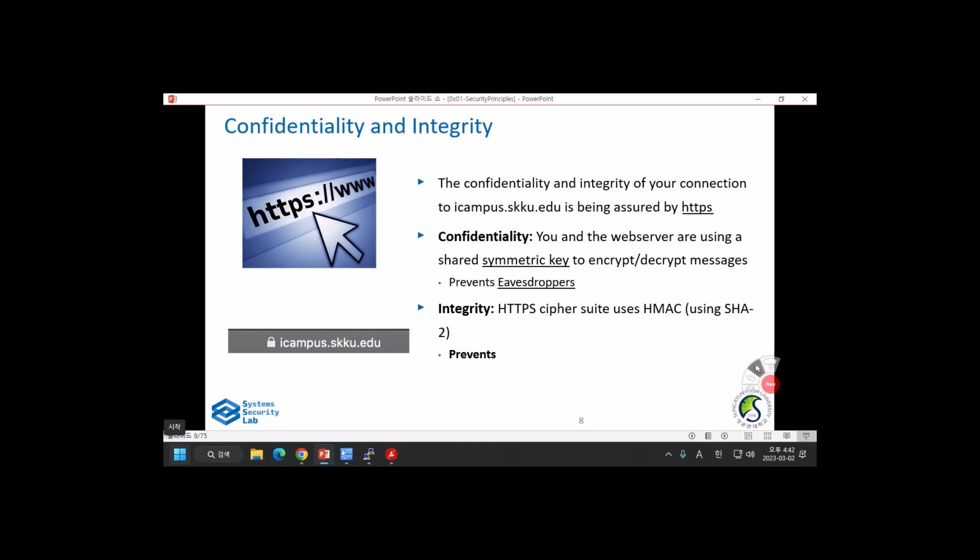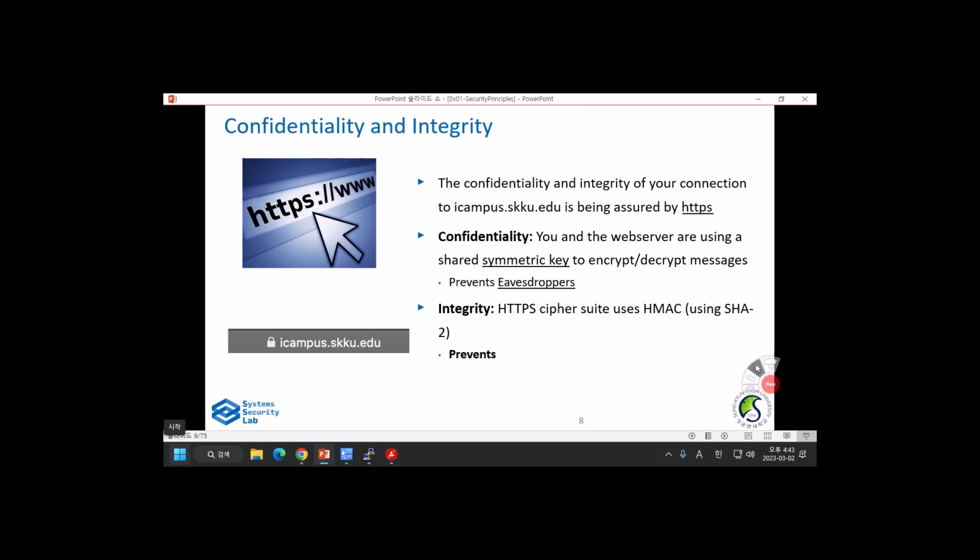So who here has taken some kind of network course? TCP, UDP, HTTP, right? So in modern communications, we build a secure, encrypted channel on top of HTTP or TCP, where the confidentiality and integrity of your connection is guaranteed, at least by today's standards.